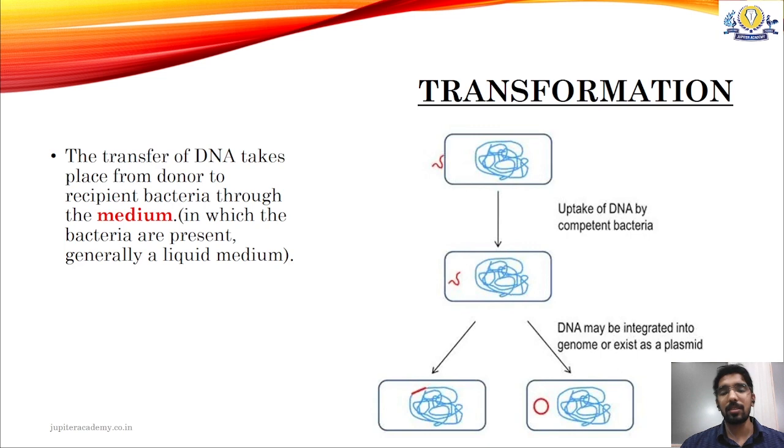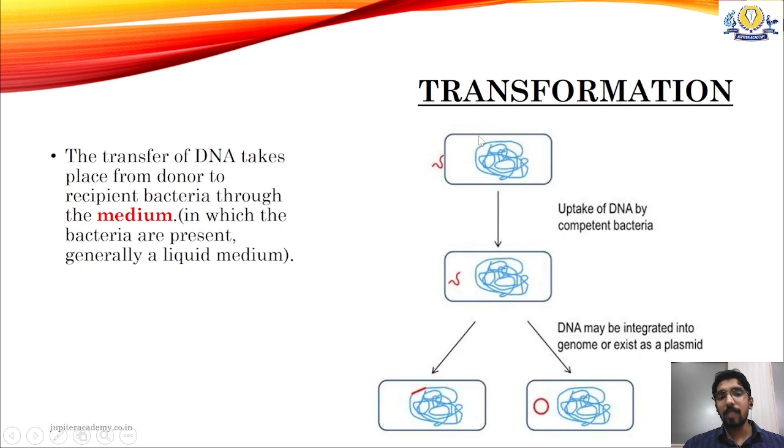Next one is transformation. Transformation is one of the simpler forms of DNA transfer. Here the transfer of DNA takes place in a medium, which can be a liquid medium, generally wherever the bacteria is present. You can see a red colored foreign DNA in the medium.